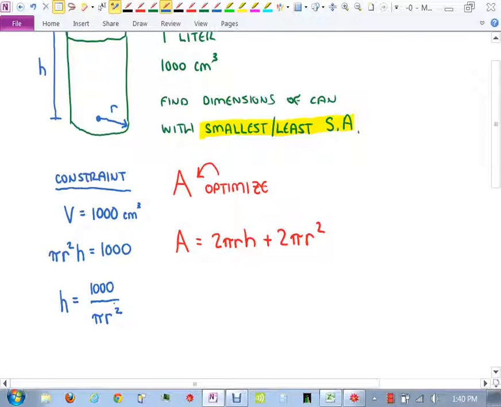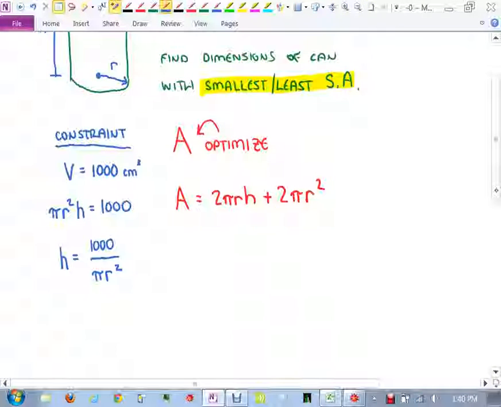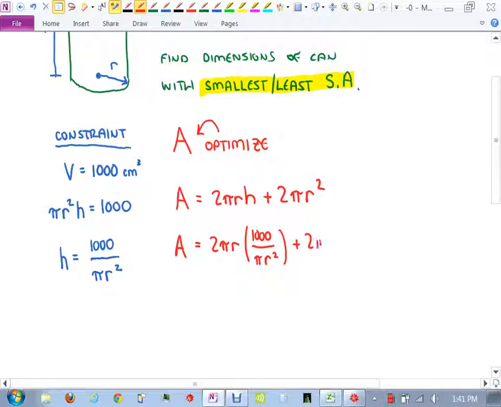All right. Now, are you ready with that constraint to come back to the objective equation and replace h? So A equals 2 pi r h plus 2 pi r squared, but then h is 1,000 over pi r squared.